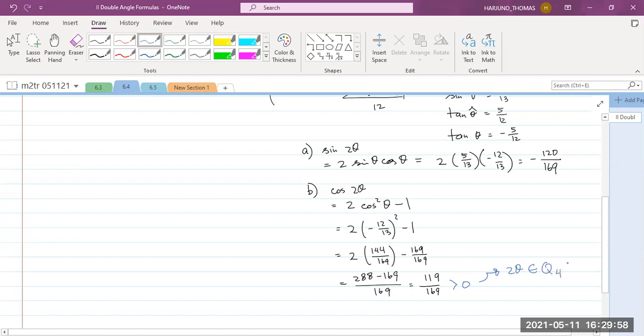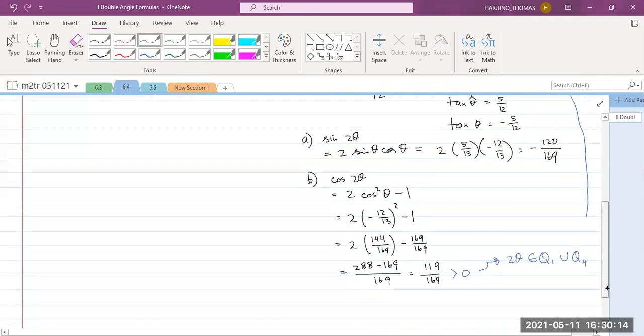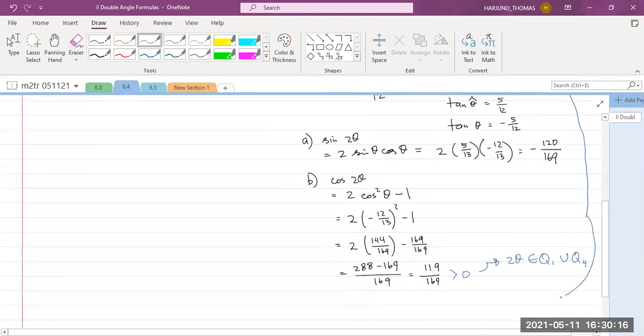To be more precise, cosine is positive in quadrant 1 and quadrant 4, right? Together with what we see there, we conclude 2 theta must be in quadrant 4. From the cosine 2 theta point of view, it's 1 or 4.